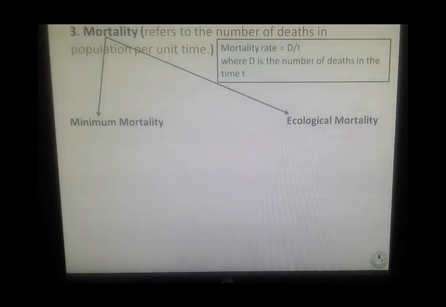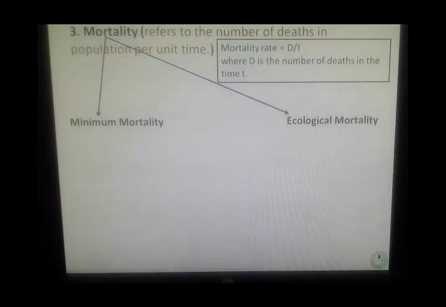Still, in laboratory condition also some mortality will always be there due to senescence or old age of the insect population.